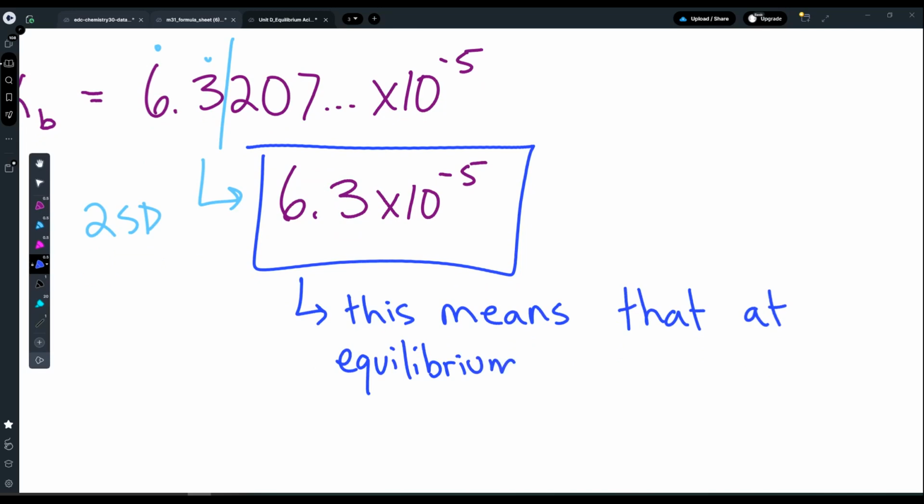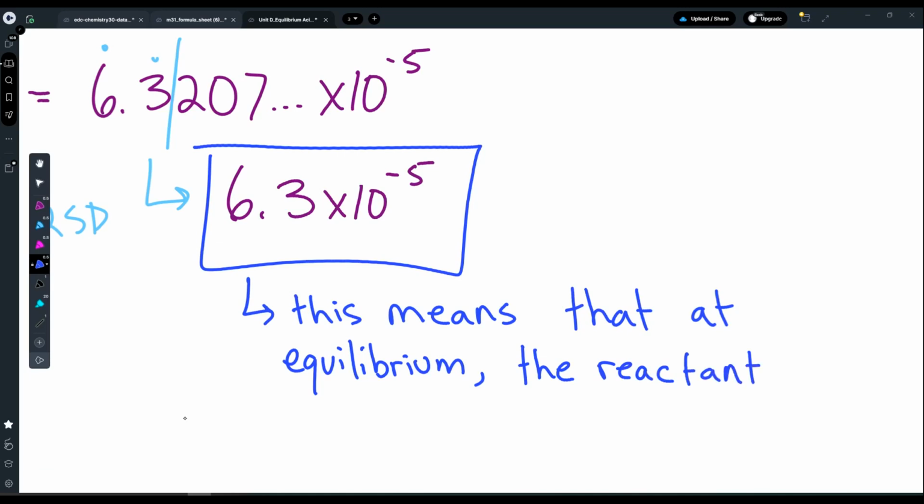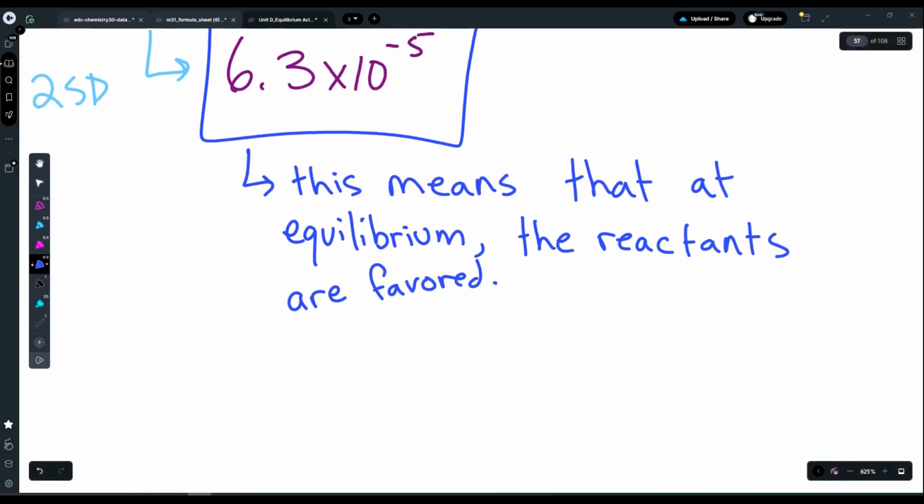This is a bit above and beyond what the question's asking for, but it's always good to understand what these values mean instead of just being able to number crunch them. So again, remember that the equilibrium constant only talks about what happens at equilibrium.